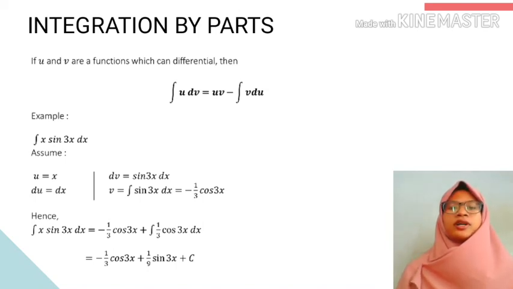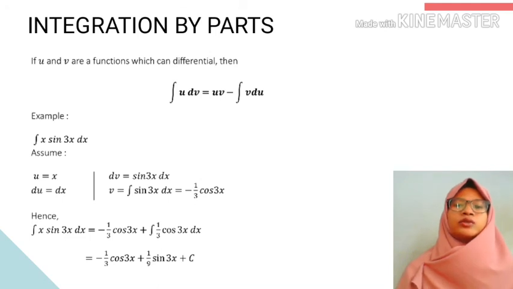For example, find the integral of x sin 3x dx. According to the theorem, we assume u as x, therefore du is dx, and assume dv as sin 3x dx. So, v is integral of sin 3x dx, which equals negative a third cos 3x.